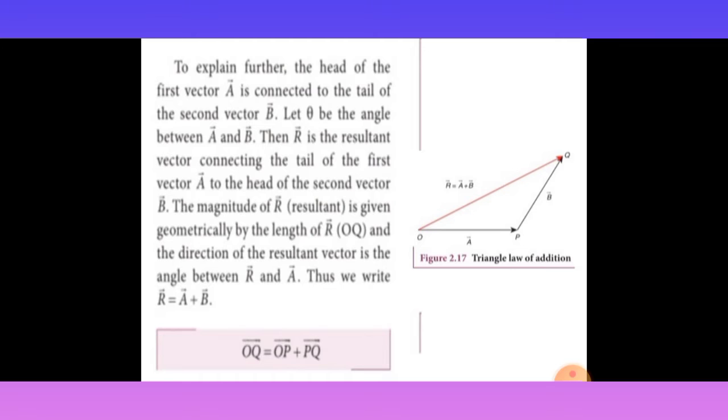So we can write r vector is equal to a vector plus b vector. So the resultant vector can be written as r vector is equal to a vector plus b vector. According to the diagram, we can write OQ vector is equal to OP vector plus PQ vector.